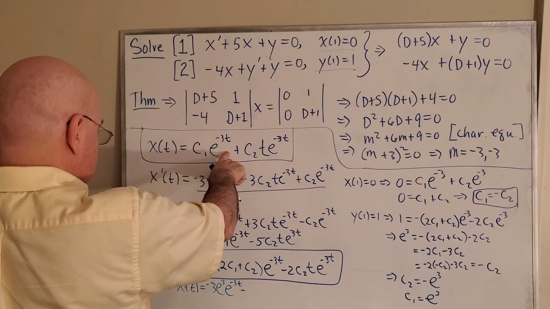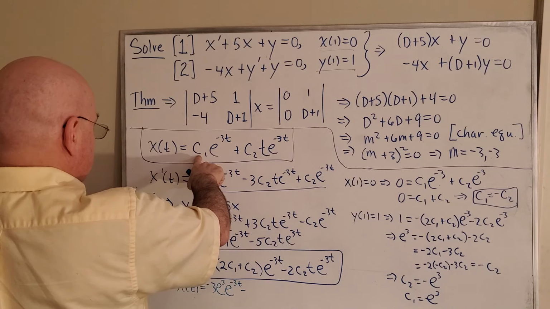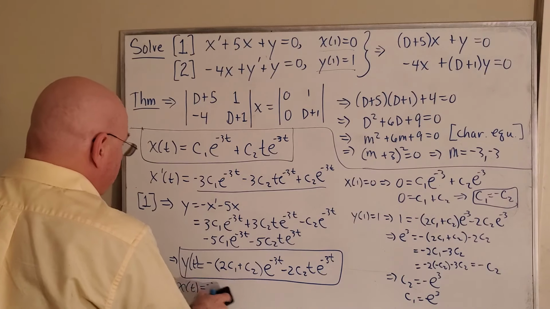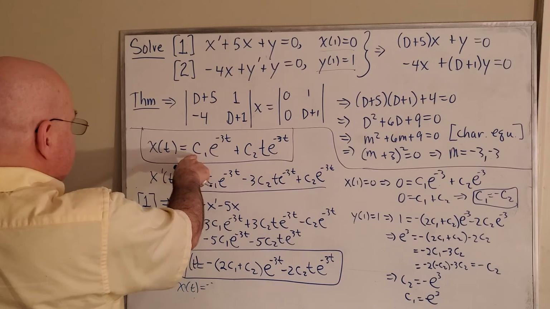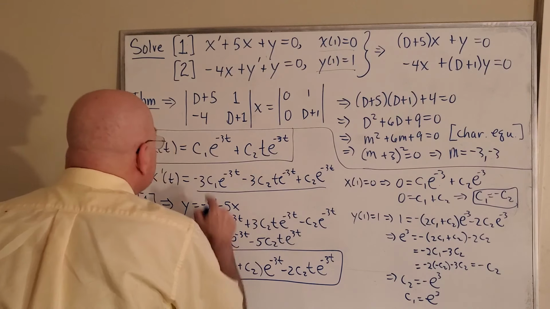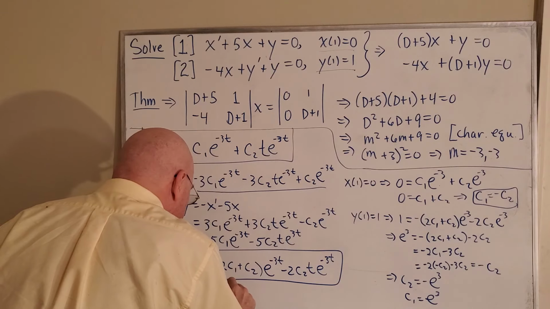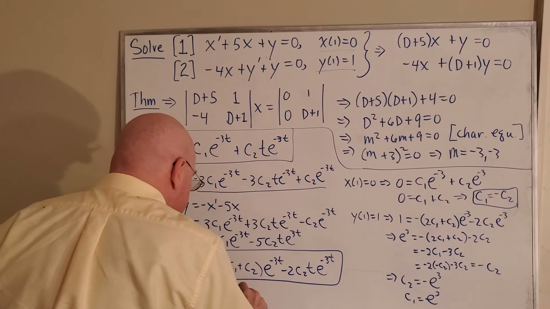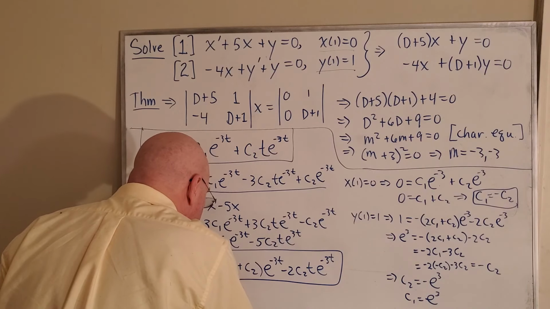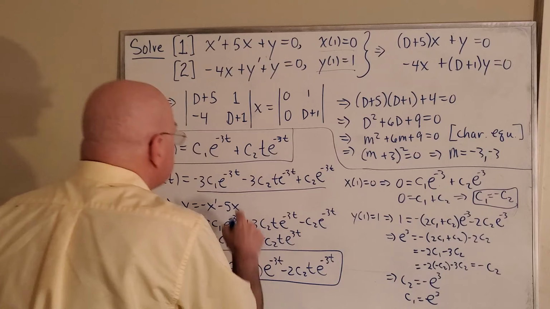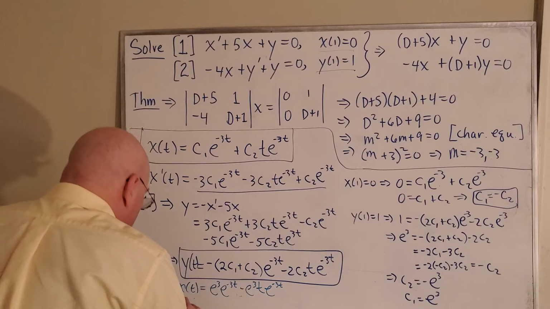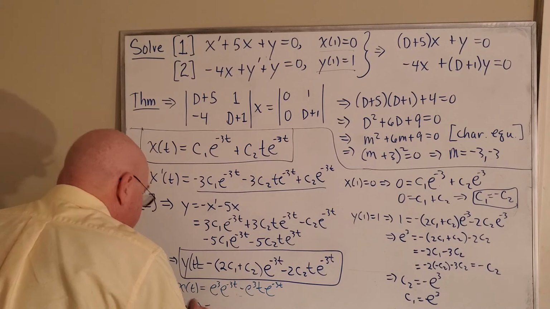Let me start that over. Okay, x of t is C1, which is e cubed, e to the negative 3t, plus C2, which is negative e cubed, t e to the negative 3t. y of t, and I'll simplify that in a minute.